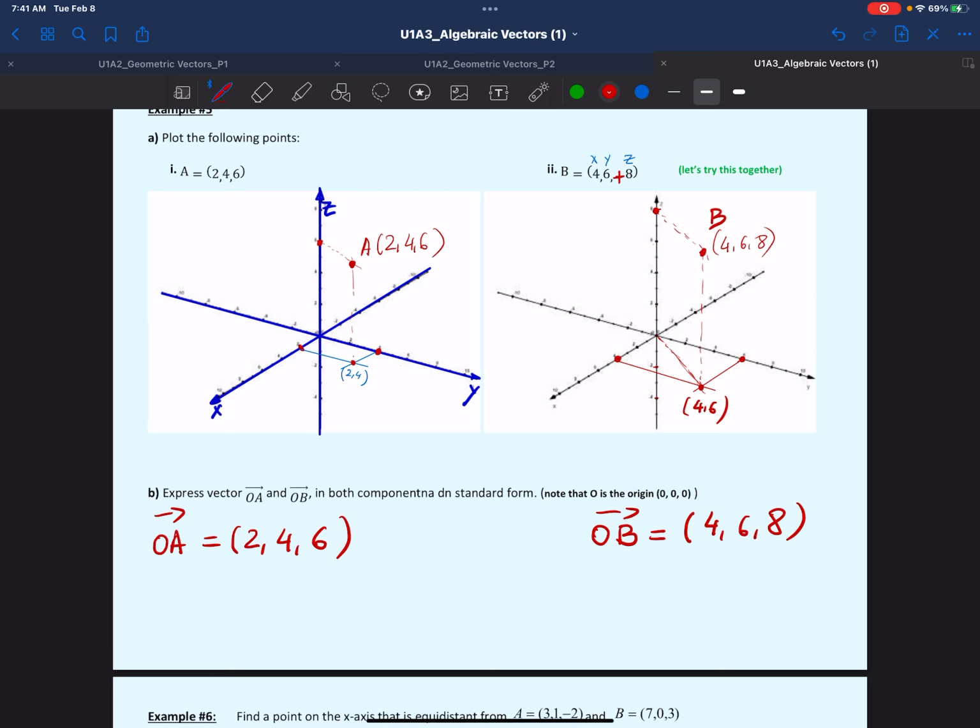So these are the components. In standard form, which means we want to attach the unit vectors, we'll have OA equals 2i plus 4j plus 6k. And OB, we have 4i plus 6j plus 8k.